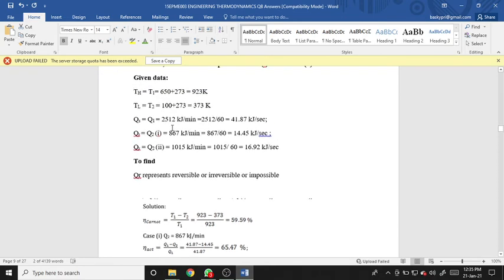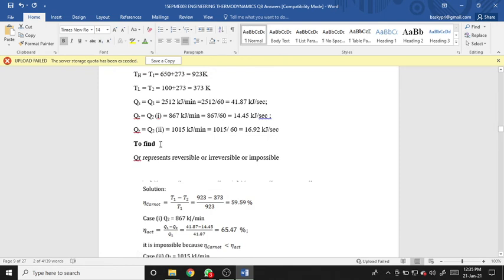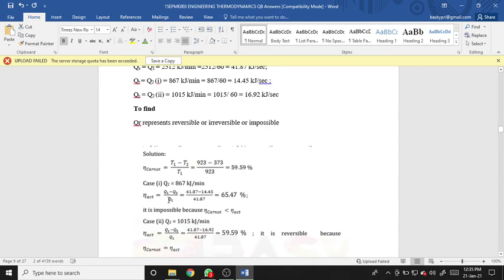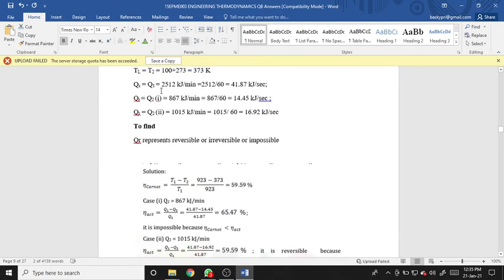So the Q1 value we know, 41.87, and the Q2 values are given, but there are two cases. Now I am going to see the first case. In the first case, the heat supply value is 41.87 and the heat rejection Q2 value is 14.45 kilojoule per second.